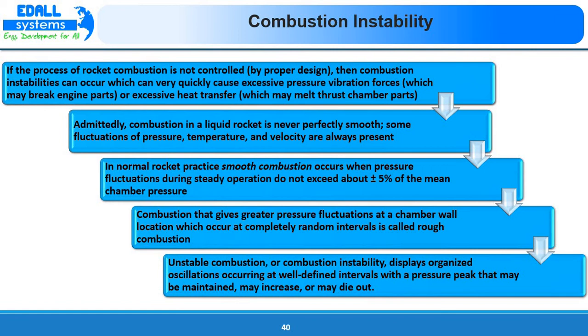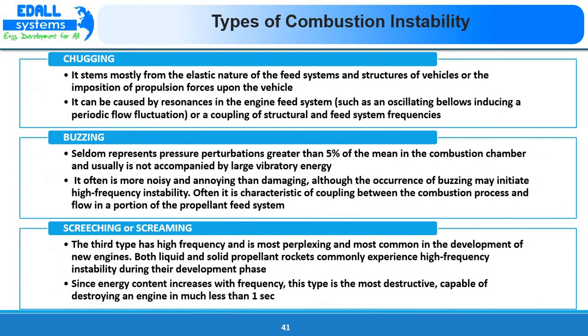So we'll discuss the major types of combustion instability. There are three types of combustion instabilities in rocket propulsion: first is chugging, then buzzing, then screeching or screaming.